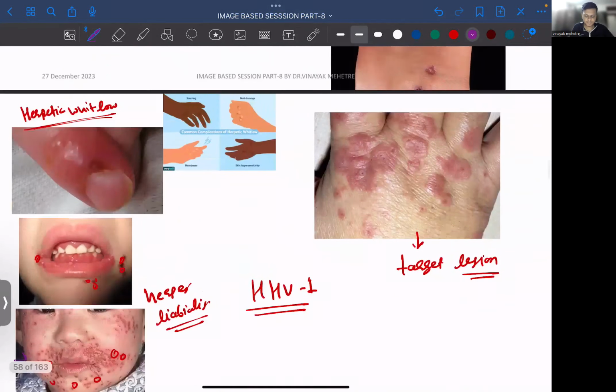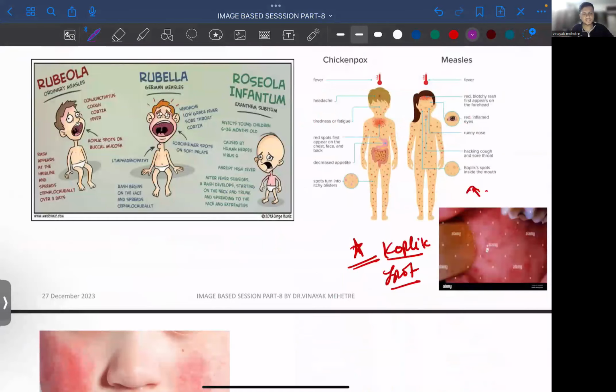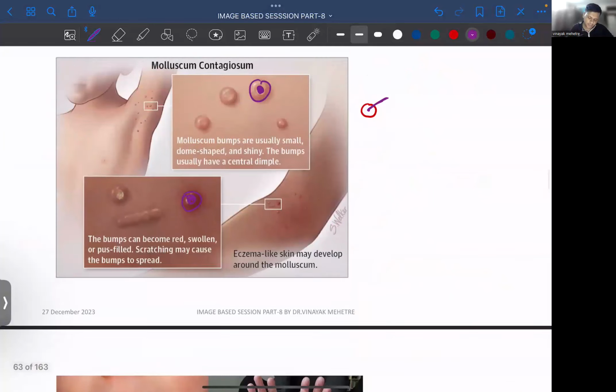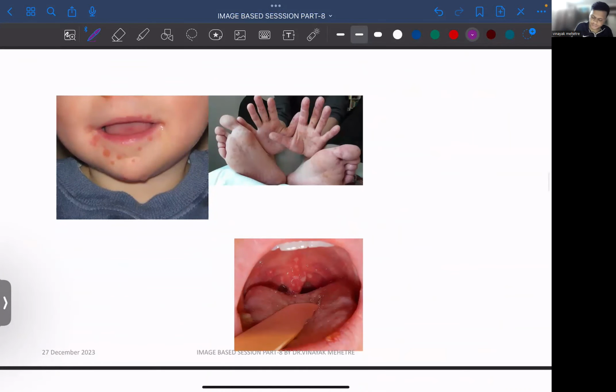Chicken pox, measles all over the body, right? In hand, foot and mouth disease में बस the name itself speak. नाम ही लिखा है, hand, foot and mouth disease.